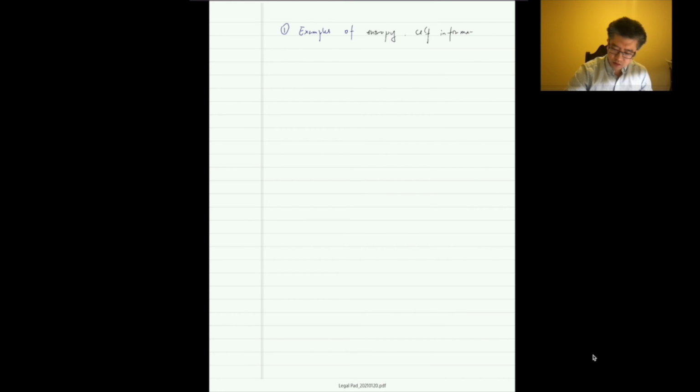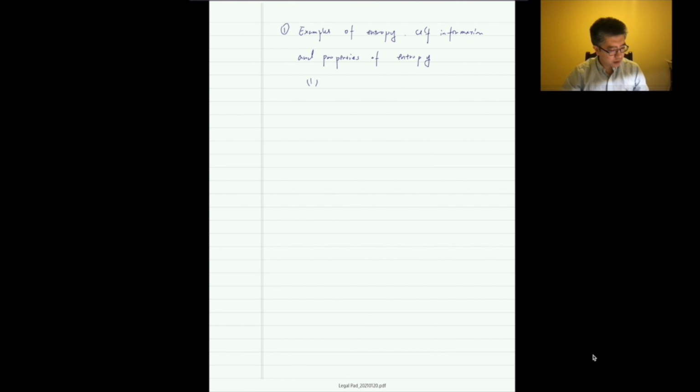I'll copy the titles here to make it easier for you to read. Properties of entropy. Now let's see the first part, which is the examples of entropy.